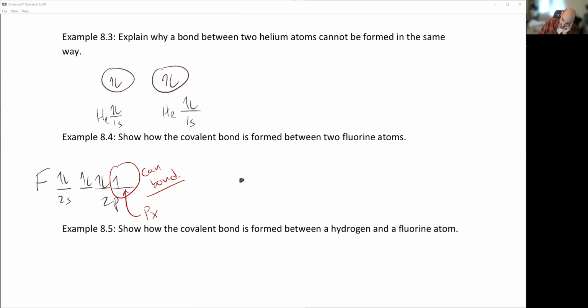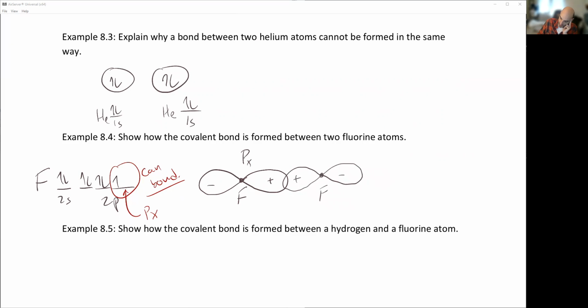So here's my positive, negative. There's my first fluorine. This is the px orbital. And if I bring another fluorine in, negative, positive, because I do want the overlap to happen, and you can rearrange those as you wish.